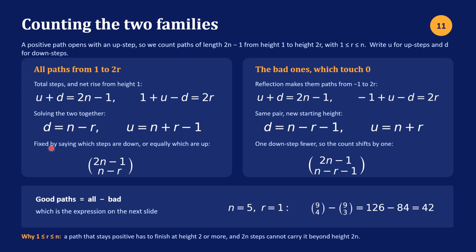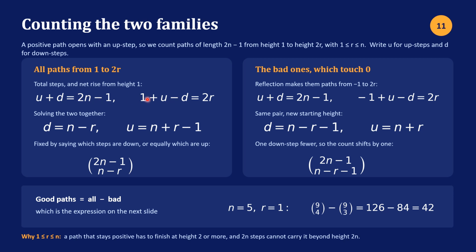So first we'll compute all the paths going from 1 to 2r, and then we'll compute just the bad paths that end up at 2r but touch 0. So the total number of up and down steps is 2n minus 1. And if we subtract the number of down steps from the number of up steps and add the initial starting point 1, that should be 2r.